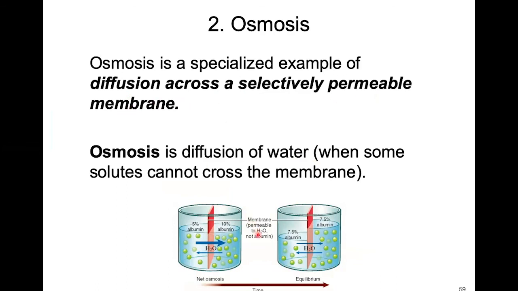In this case, we're looking at some sort of solute, albumin, which is a blood protein that's suspended in solution. So we have a higher concentration on the right and a lower concentration on the left. The membrane separating these two compartments is permeable to water, meaning water can freely move back and forth, but the protein can't.